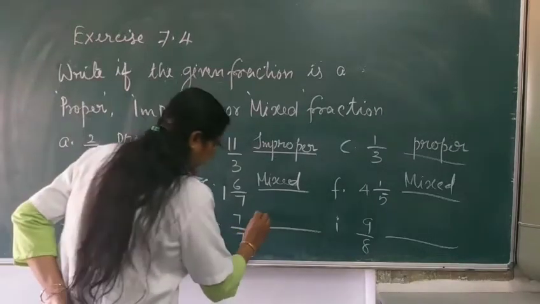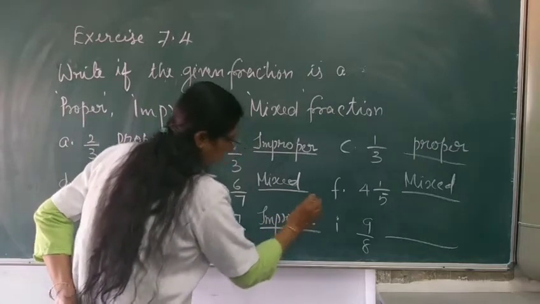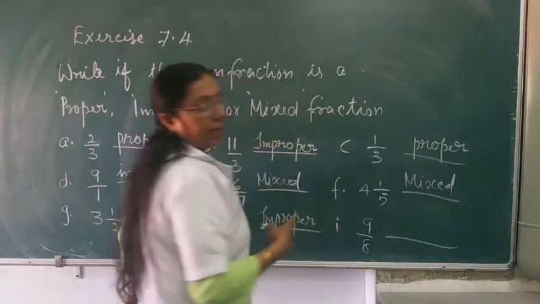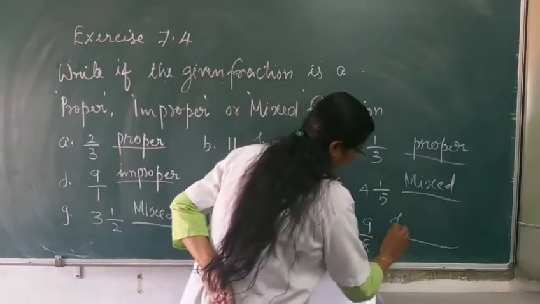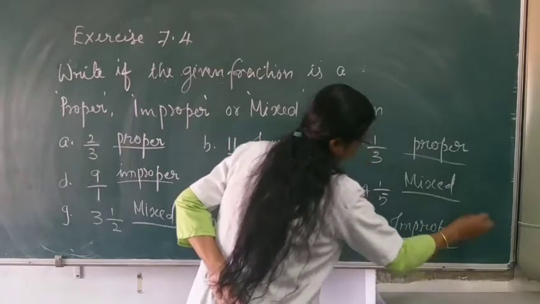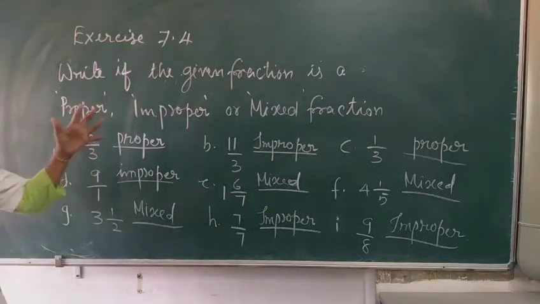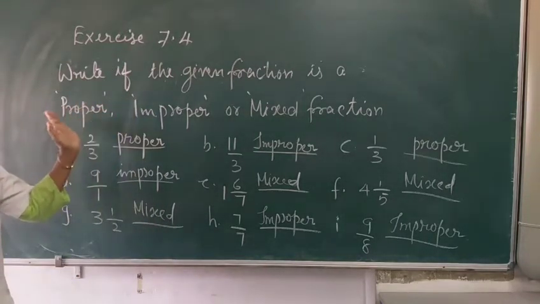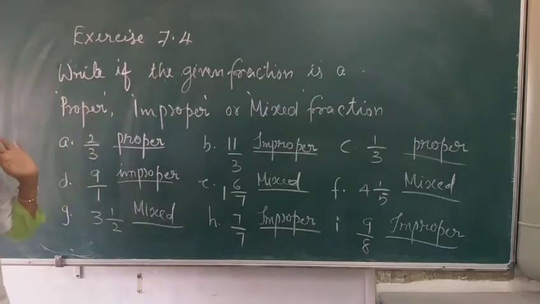It is an improper fraction. Improper. Here 9 is greater than this 8, so it is an improper fraction. Okay children? This is the classification of fractions as proper, improper and mixed.